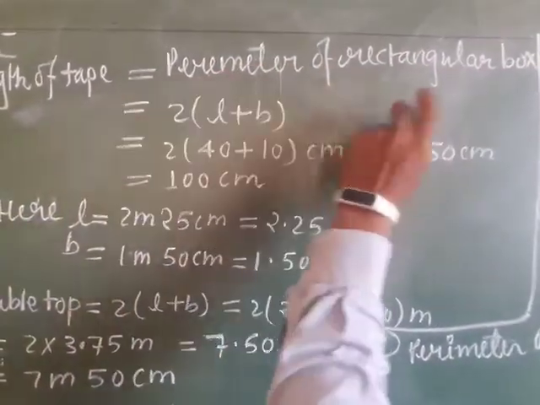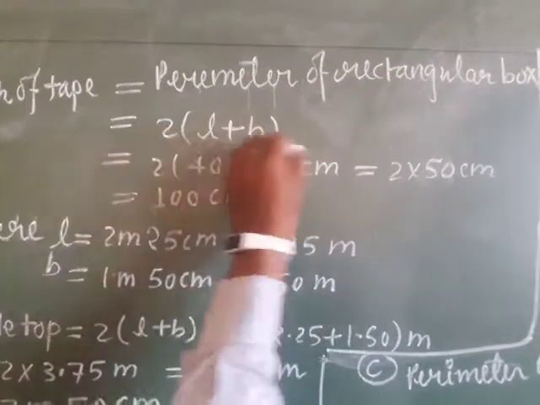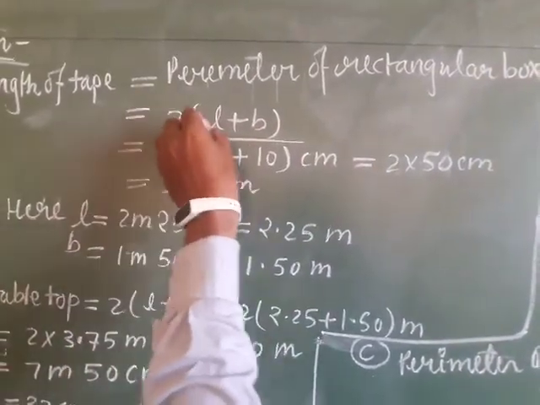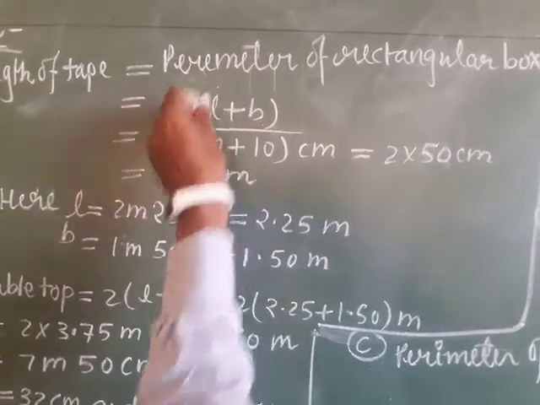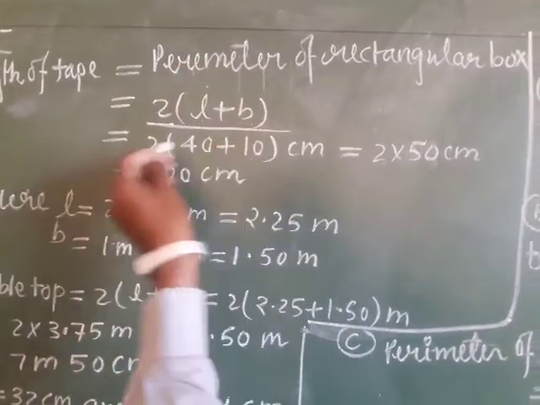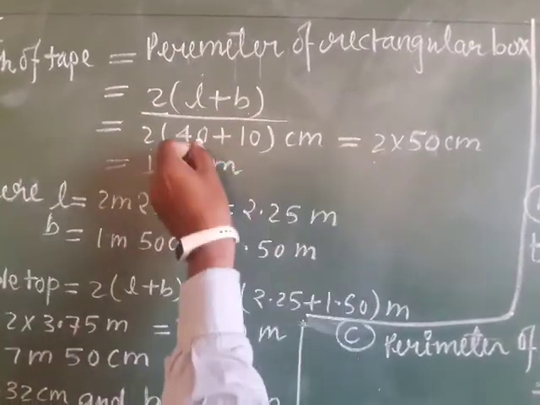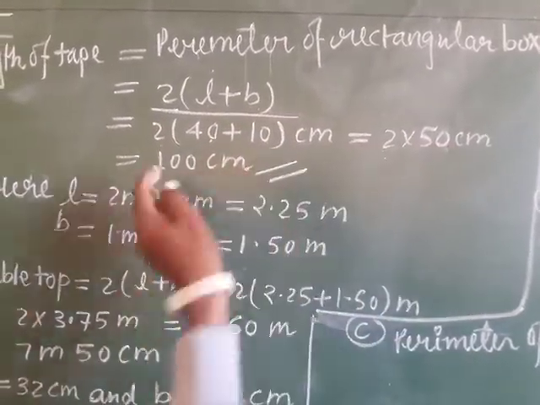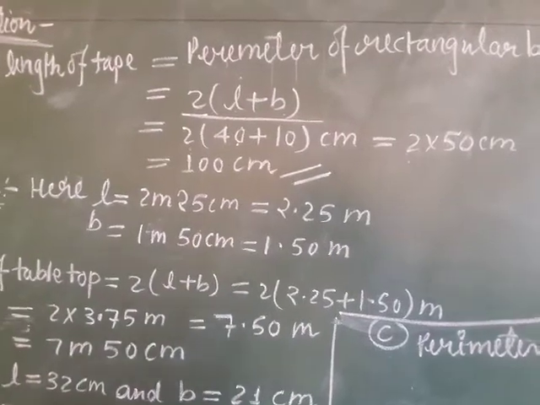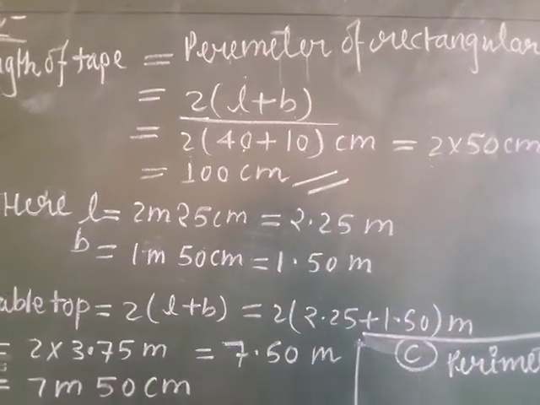As we know, the formula for the perimeter of the rectangle is 2 bracket L plus B. So here length is given 40 centimeter, breadth is given 10. So the answer will be 2 into 40 plus 10 means 50 centimeter, multiplied by 2, then the sum will be 100 centimeter. So the required length of the tape will be 100 centimeter.